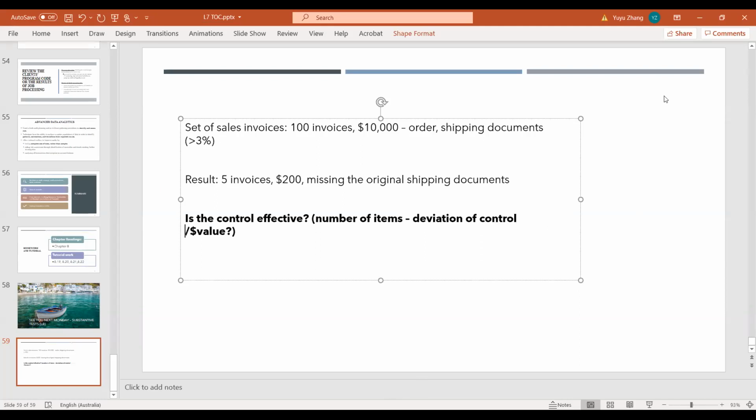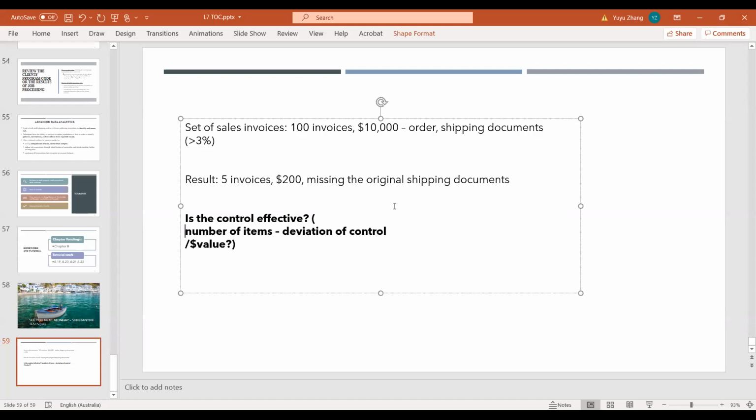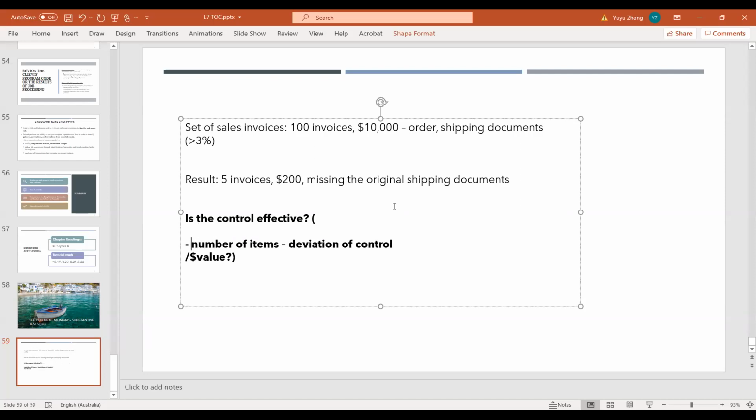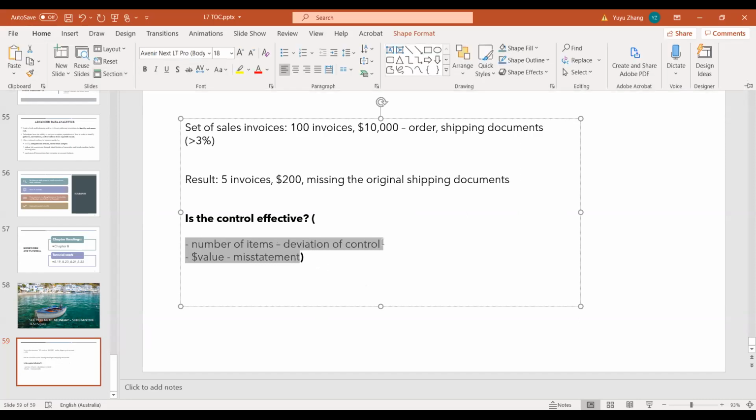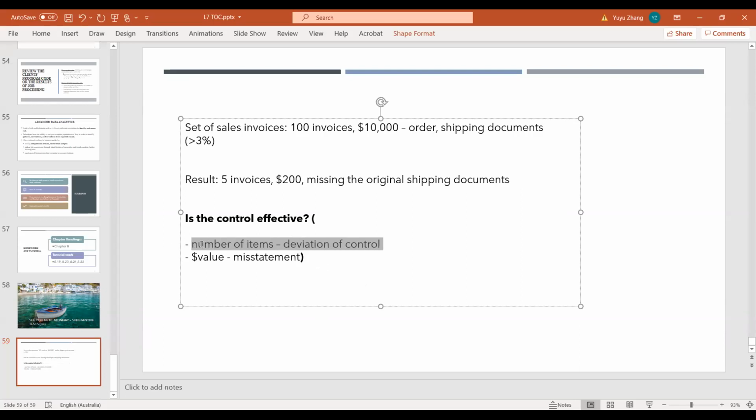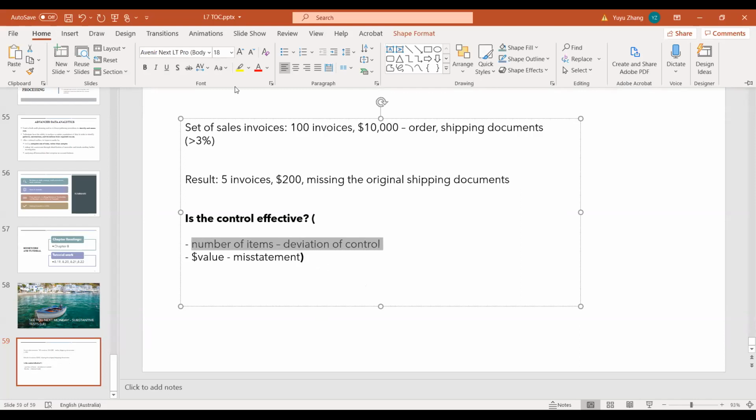Because here the number of items is actually about the deviation of control. If you are using the dollar value, that's about misstatement. But you are evaluating the control effectiveness. The focus is deviation of control, so you should focus on the number of items.